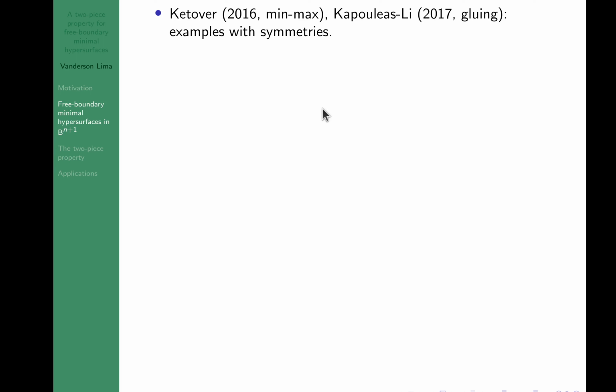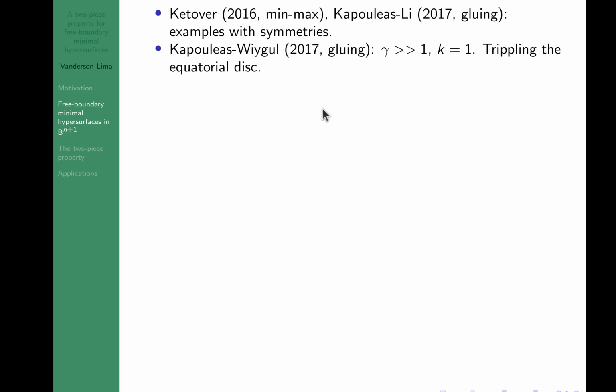So next, Ketover using the min-max technique and Kapouleas using gluing, they construct examples with some particular symmetries. Then Kapouleas and Wiygul construct examples with high genus and connected boundary.